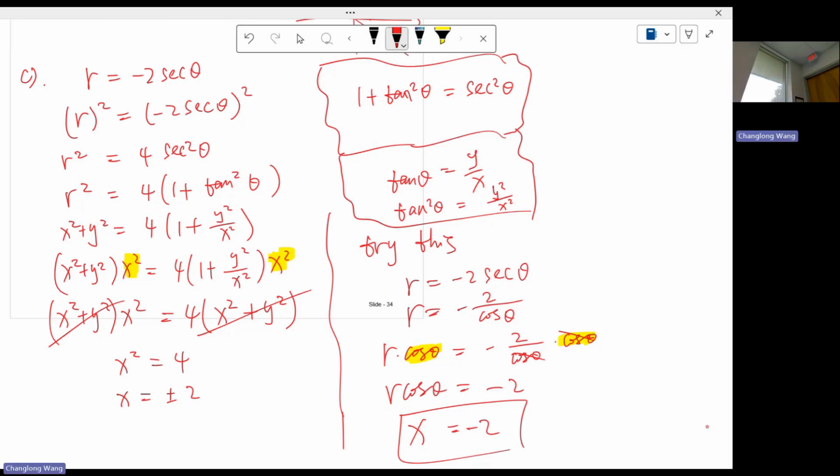First off, you remember that back in chapter 6, there was a tip in verifying identities, right? We say that you might be better off with sine and cosine. If it was not written in terms of sine and cosine, think about rewriting it. Once you do that, you wish that you don't have to deal with denominators, and we're blessed by the equation because we can easily get rid of the denominator.